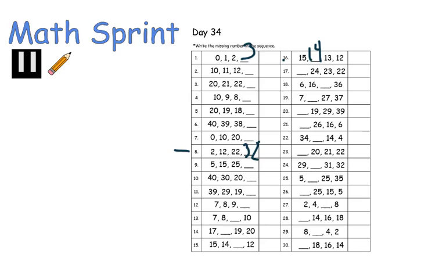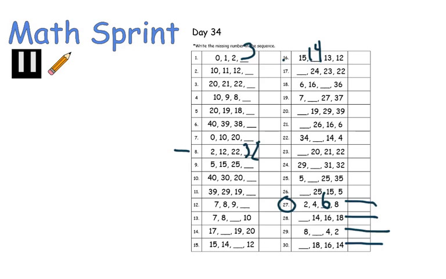Some of them are also counting by twos, like this one and this one here. These are all counting by twos. So looking at 27, we have 2, then we skip 3, 4, skip 5, 6, skip 7, 8.